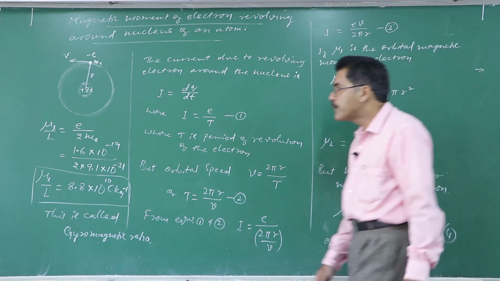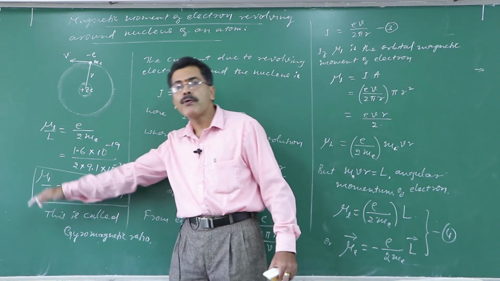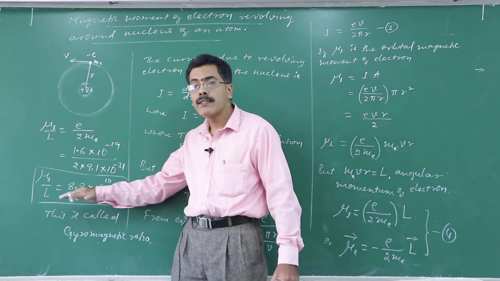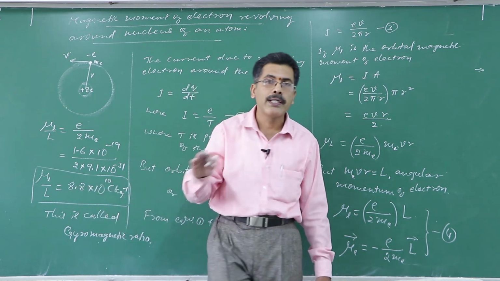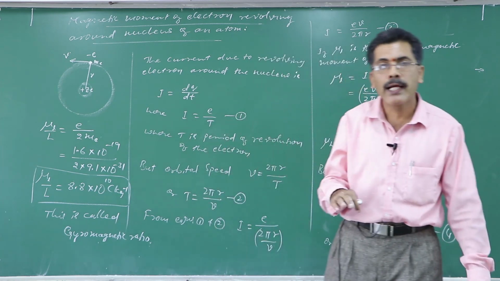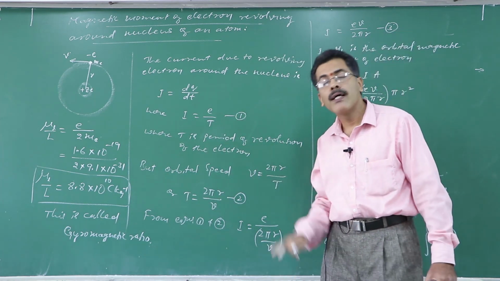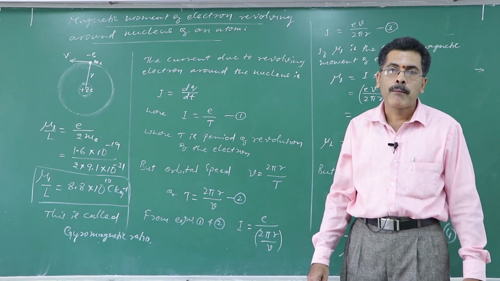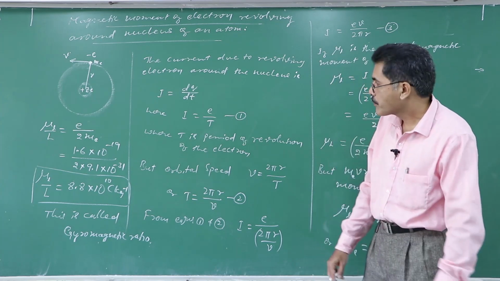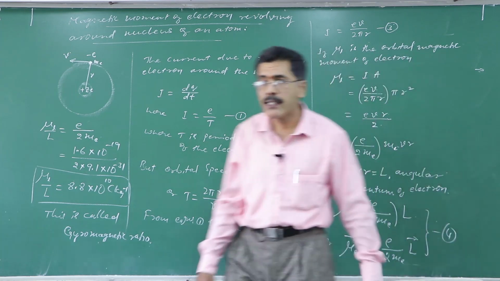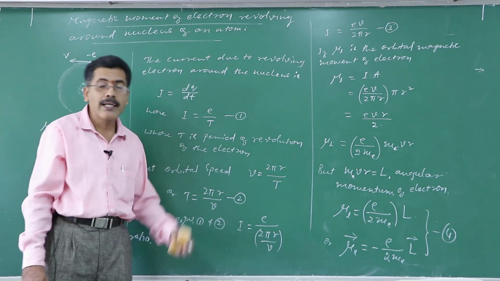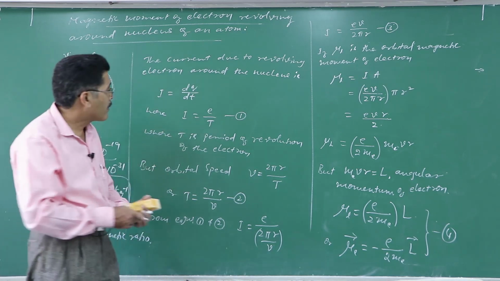So when you take the ratio of magnetic moment to angular momentum, it is a constant and it is called as gyromagnetic ratio. Its value is 8.8 into 10 raised to 10 coulomb per kg. Have you got it? Now let us calculate magnetic moment by considering angular momentum of the electron.